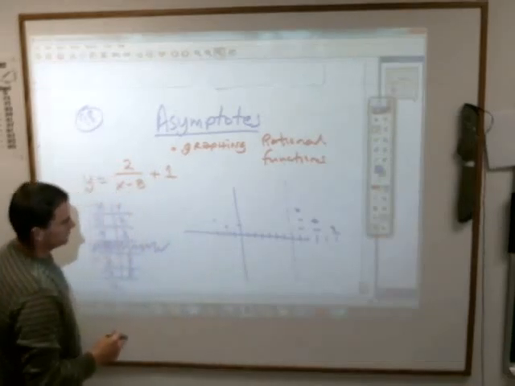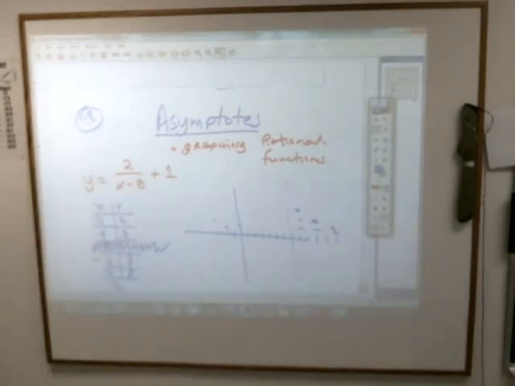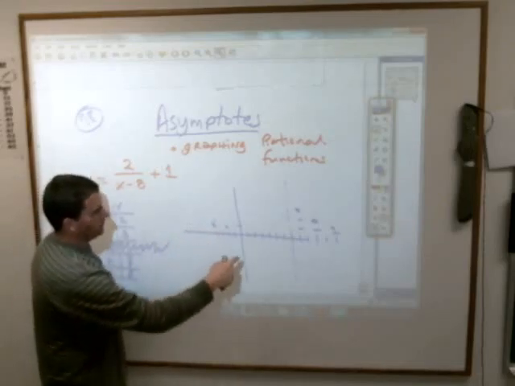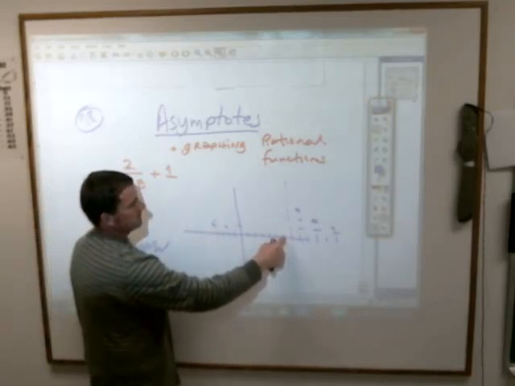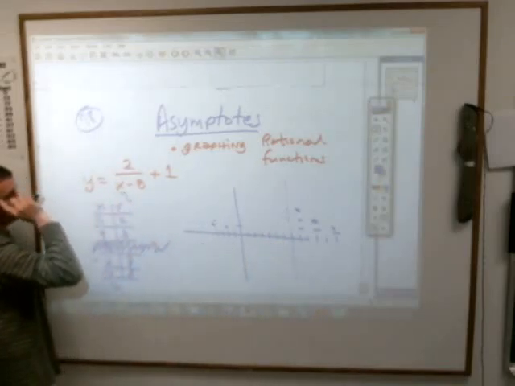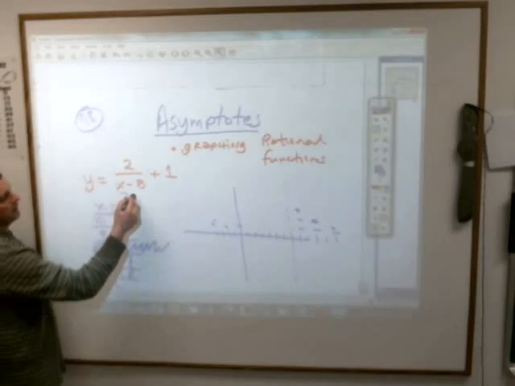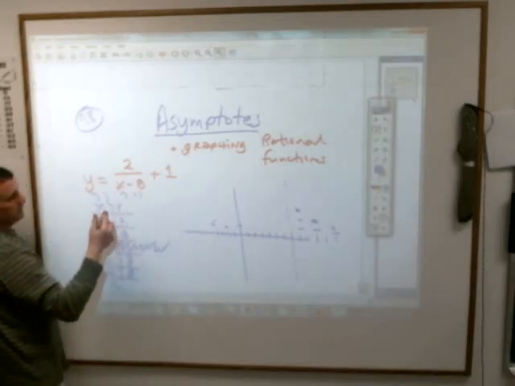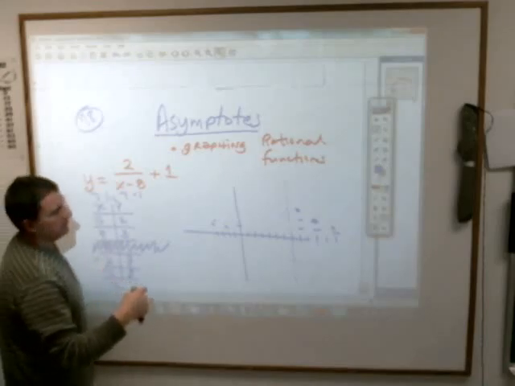Now, what happens on this side? What if I did 7? 7 minus 8 is negative 1. 2 over negative 1 is negative 2, and negative 2 plus 1 is negative 1. So 7 gives me negative 1.